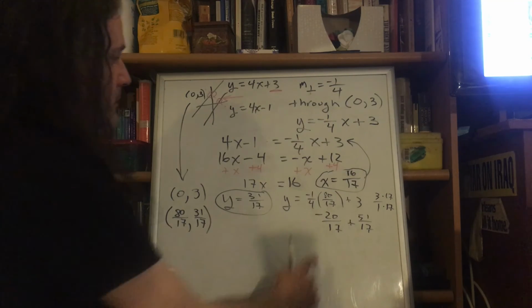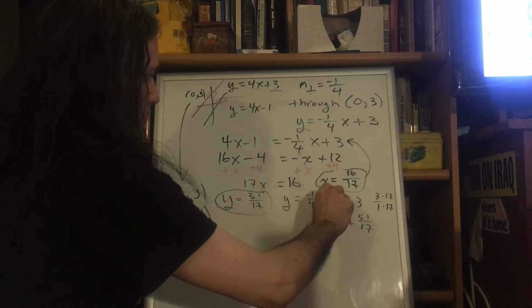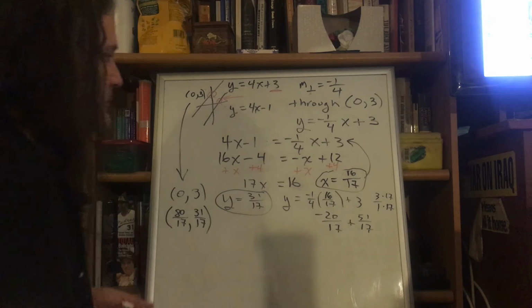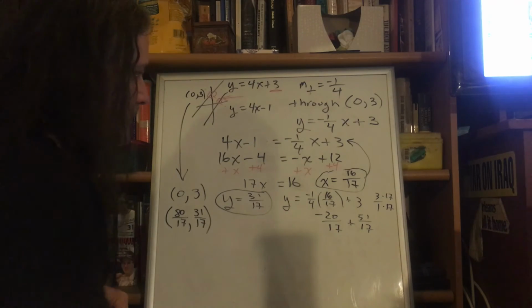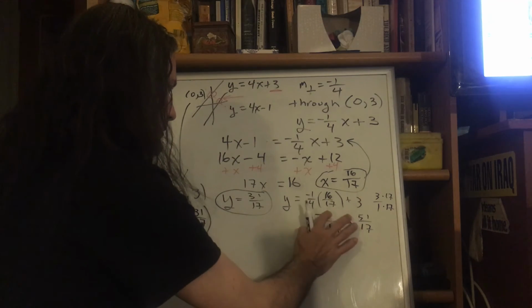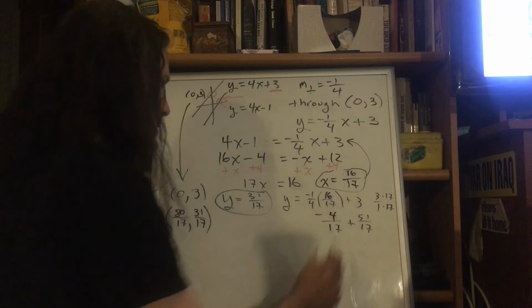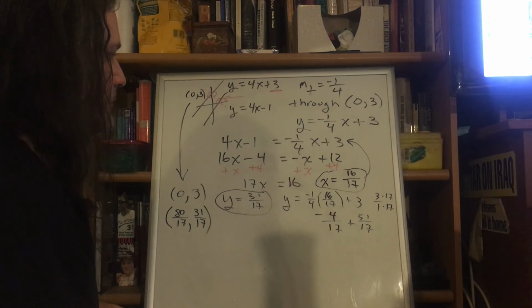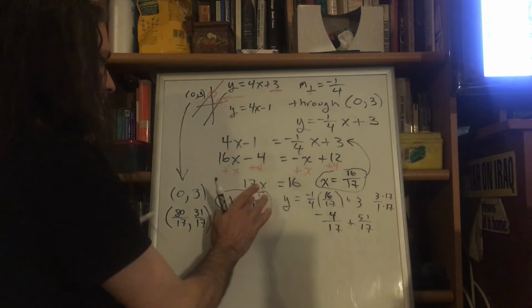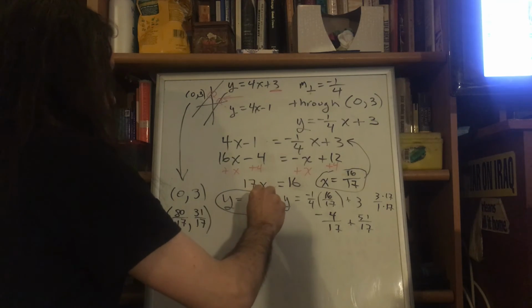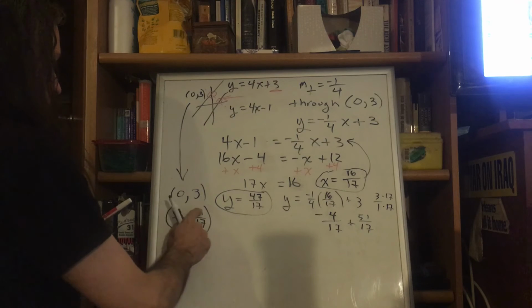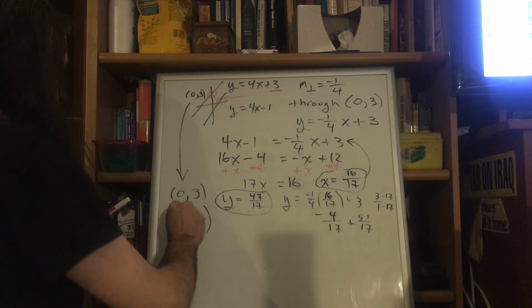So we get our y, so this should have been 16. Notice how easy it is to fix this, because I organized and structured my work. Alright, so this should have become negative 4. And now the y value is much larger than anticipated. It's 47 over 17. Alright, so this is 16, and that's 47.